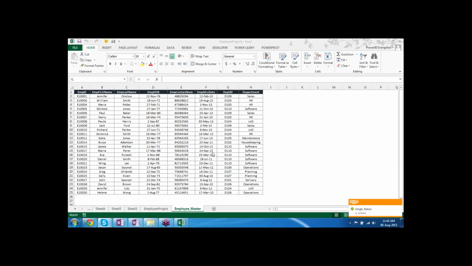Suppose I'm just giving you a heads up, I just wanted to check what is the average tenure, or how is the tenure of my employees. So this is the actual data of 30 employees that are there in my organization, suppose. So they have the hiring date, date of birth, and all these things are there. So I wanted to check the tenure.